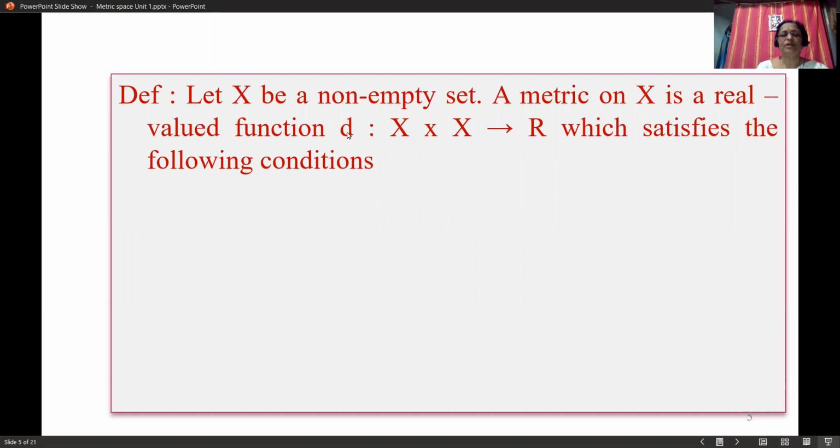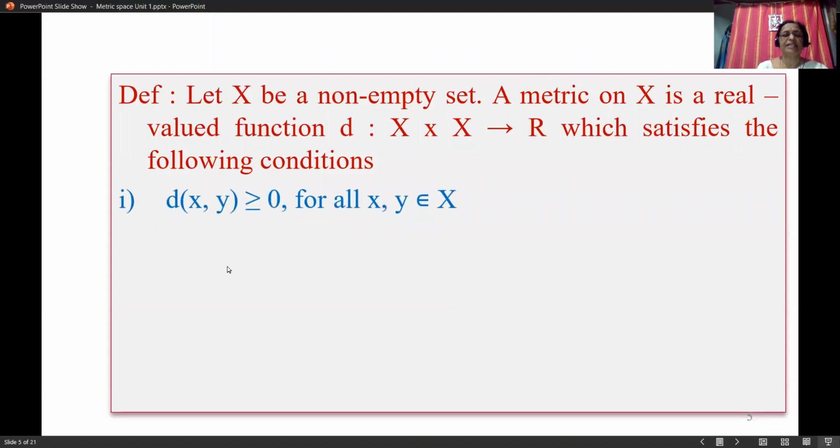A real valued function is a function whose codomain is the set of real numbers. Therefore, we are considering D, a real valued function from the Cartesian product of X with itself to R, and this real valued function is called a metric if it satisfies the following conditions.